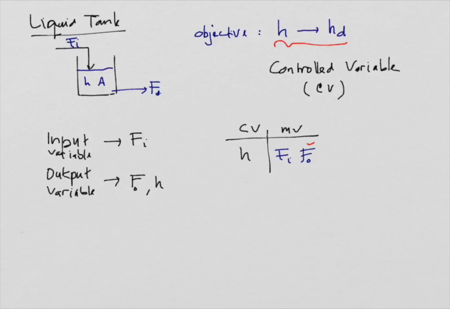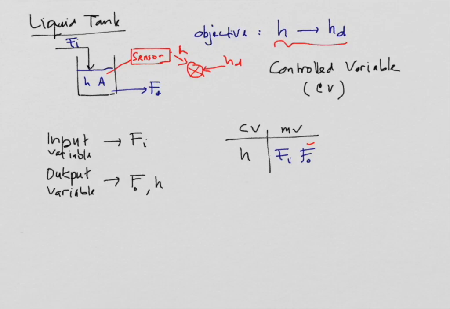Firstly, we have to measure the output variable. What is the output variable? The H, the level. To measure this, we use the sensor. From the sensor, we get the H level, and we compare this to the desired value, the value that we want for the level.